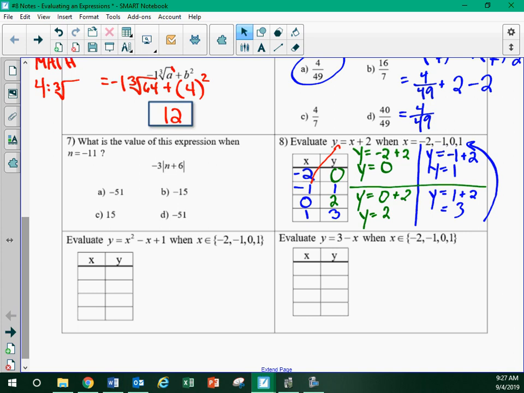So they tell us that n is -11. So let's go ahead and rewrite this with the -11 inside. Very good. -5 and 7. Good. And don't forget there's a negative inside because it was -5, right?